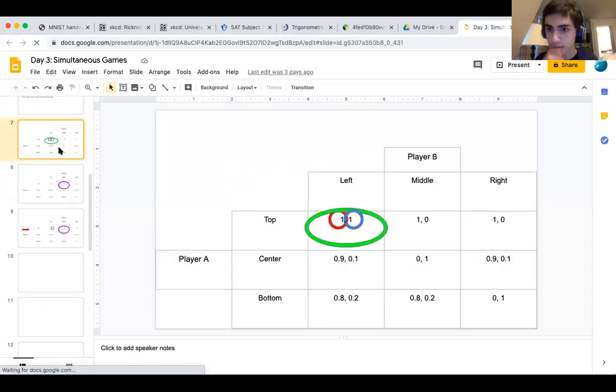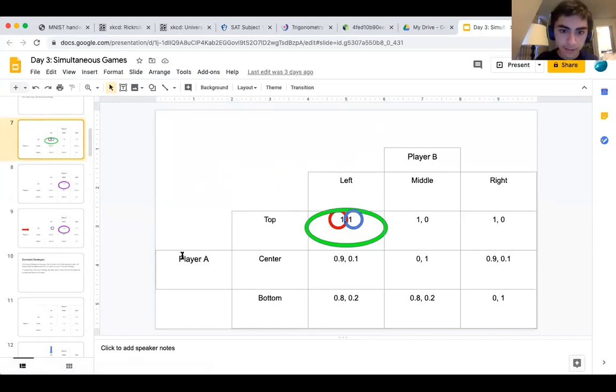I'm just going to show you this slide. Yeah, so as you can see in this slide, if you remember what a simultaneous game is, player A can either choose top, center, or bottom. Player B can choose left, middle, or right. If player B sticks with left, and player A switches from top to center or top to bottom, he stands to lose payoff, right?